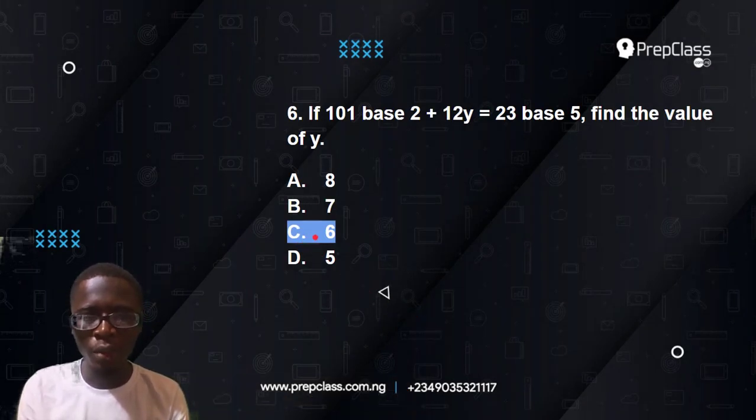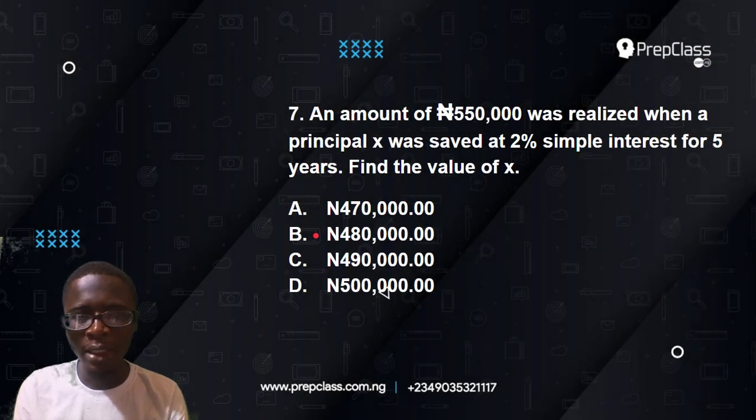Now proceeding to the next question, it says an amount of 550,000 naira was realized when a principal X was saved at 2% simple interest for 5 years.